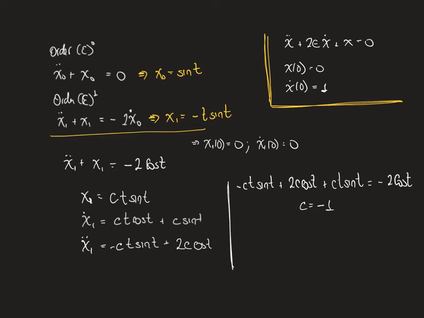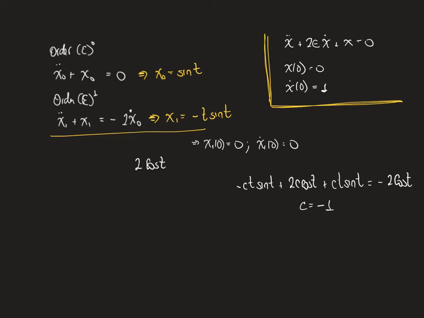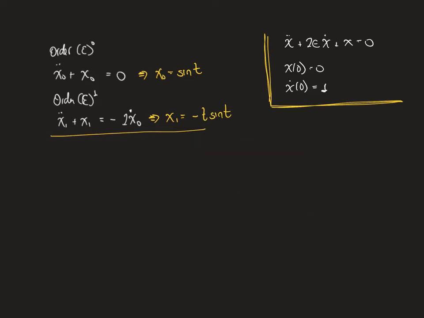So we just remove this, we don't need it, and we write then the solution of our problem, which is x is equal to x0 plus epsilon x1, which is sine of t minus epsilon t sine of t.